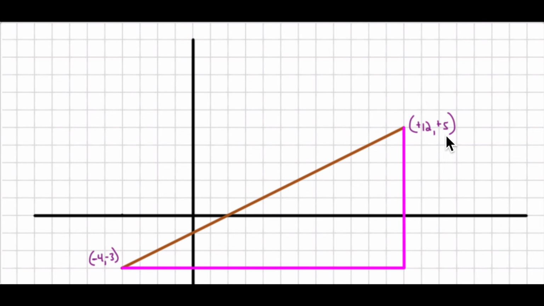And what's the difference between the y-coordinates, this positive 5 and this negative 3, and that's sliding the slope triangle in the vertical direction. And that ratio, which is going to be 8/16, is the slope. It's 8/16, or it's 1/2, which tells you that this length right here is half as long as this horizontal length right here. And that determines how slanted this line is, or what is the slope of this line.